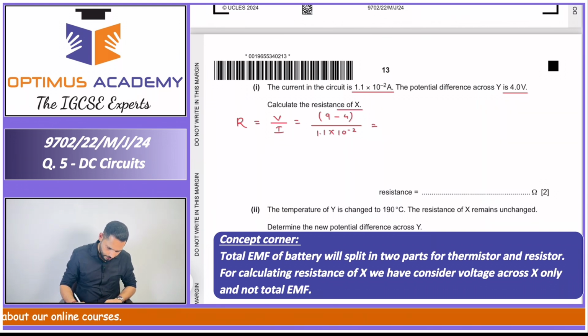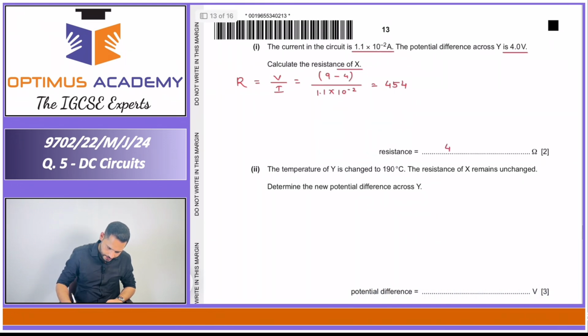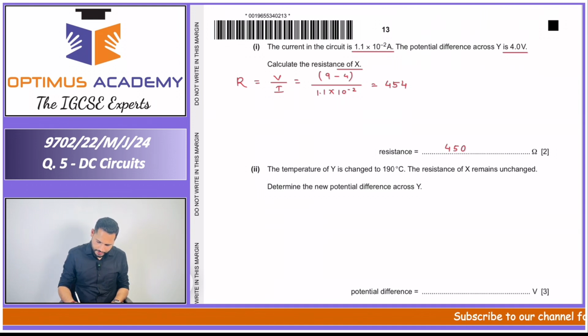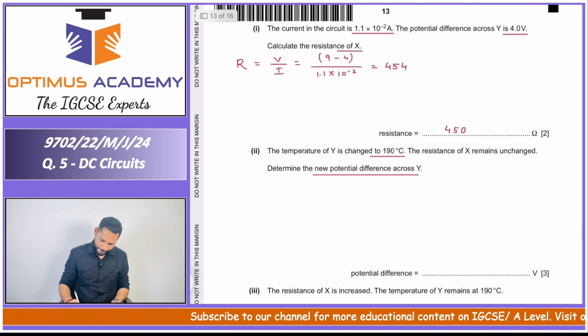The answer is 454, so we can write it as 450 ohms. The temperature of Y is changed to 190 degrees Celsius. The resistance of X remains unchanged. Determine the new potential difference across Y.